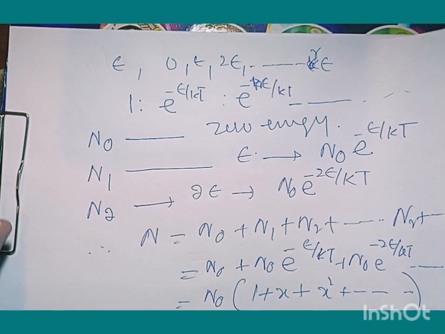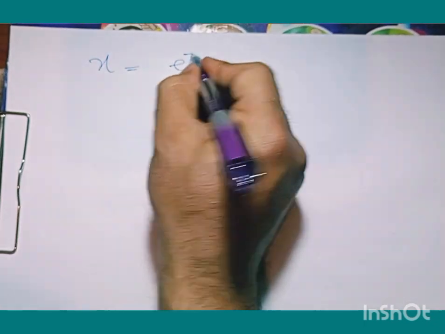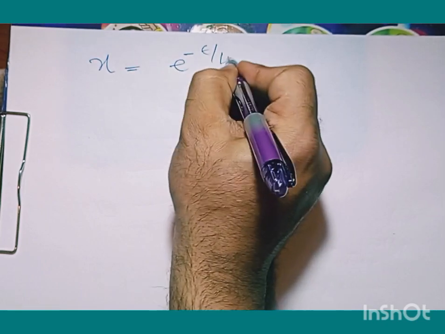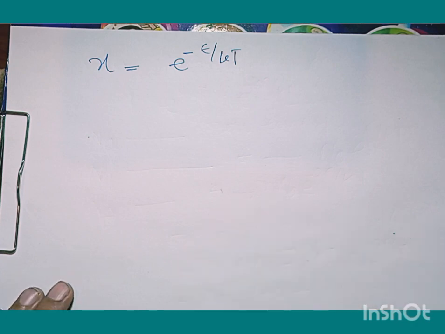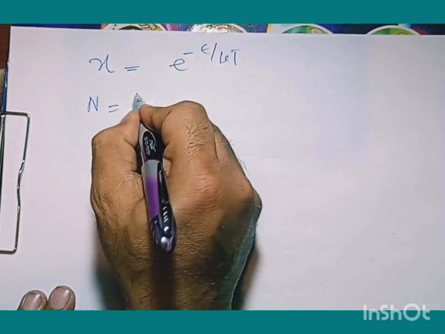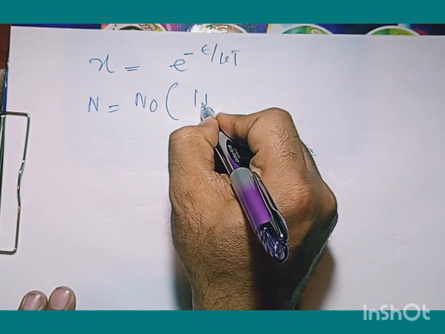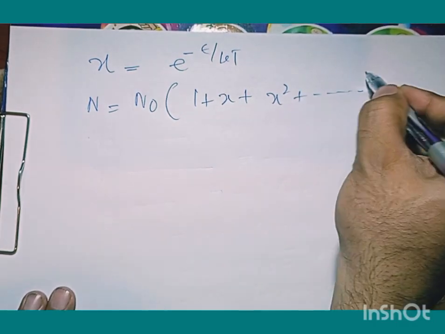So I have substituted x for what? So what should be x? x is e to the power of minus epsilon by kT. Okay, and so what will be our result is N will be equal to N0 times 1 plus x plus x squared plus so on and so forth.